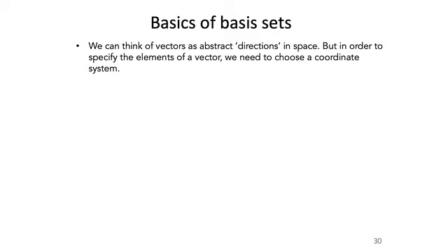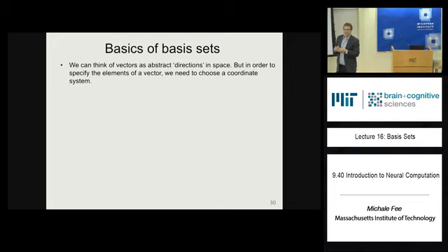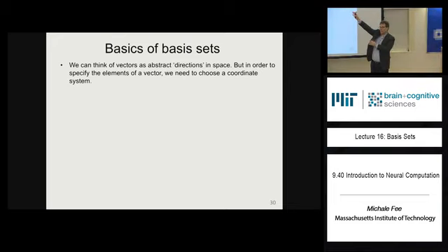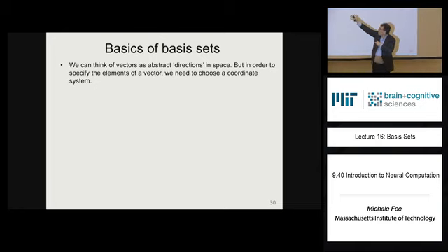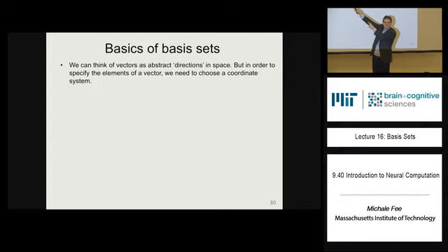We can think of vectors in abstract directions. If I hold my arm out here and tell you this is a vector, there's the origin, the vector is pointing in that direction, you don't need a coordinate system to know which way I'm pointing. I don't need to tell you my arm is pointing 80 centimeters in that direction and 40 centimeters in that direction and 10 centimeters in that direction, right?